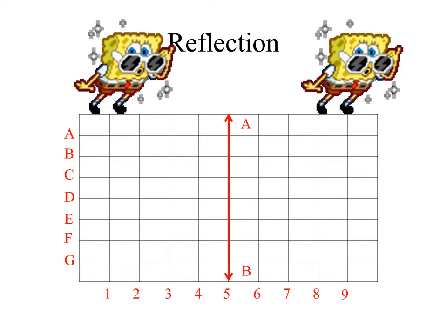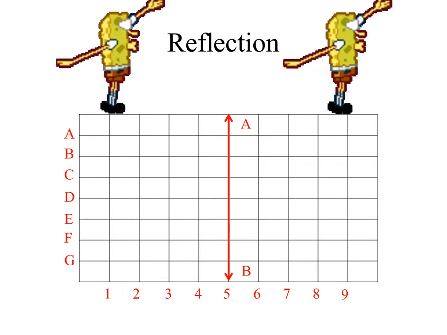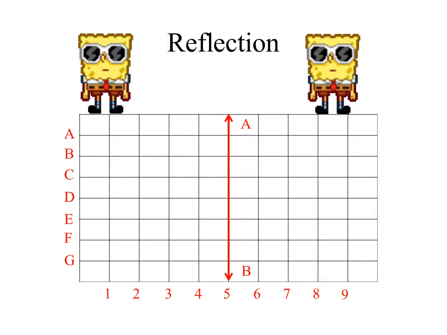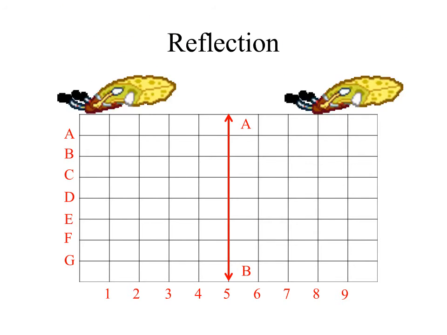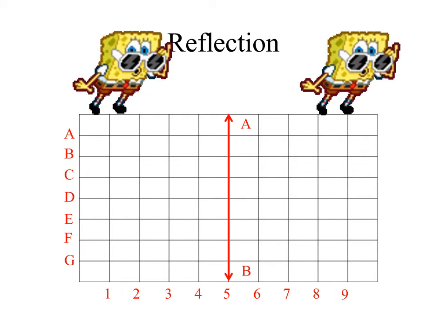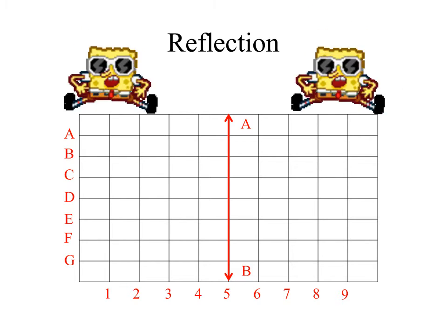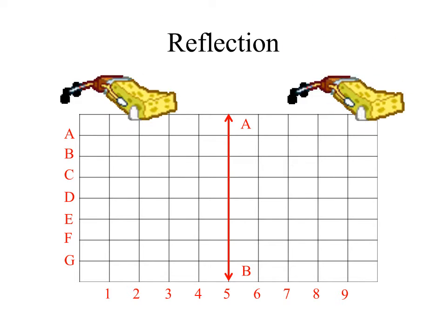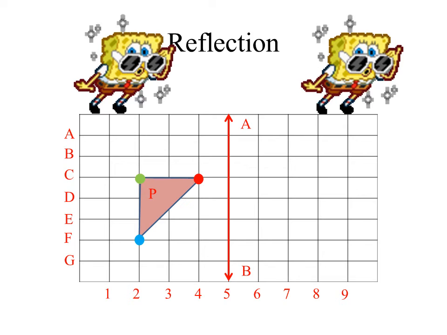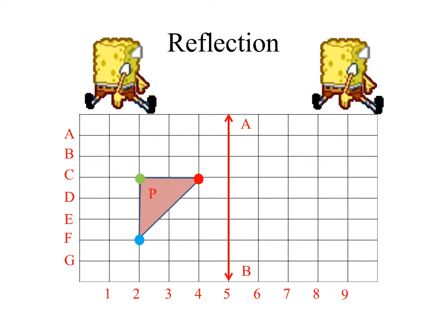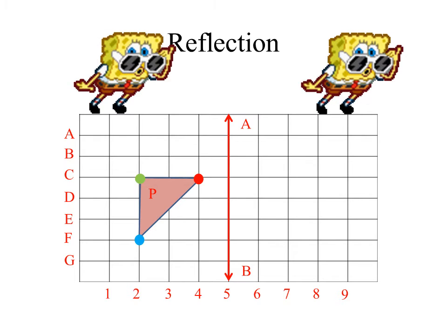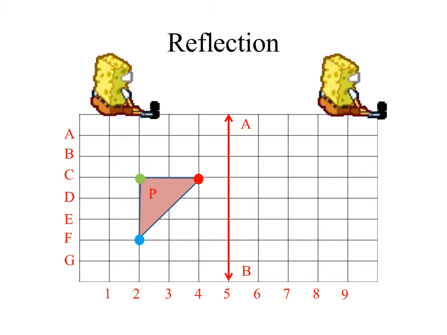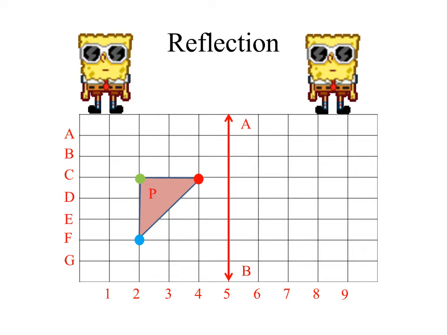All right, our first example of reflection. Again, we've got our grid. We've got our axis of reflection AB, that line in the middle, and we've got SpongeBob dancing. So let's look at our object here. First, let's reflect the green point.